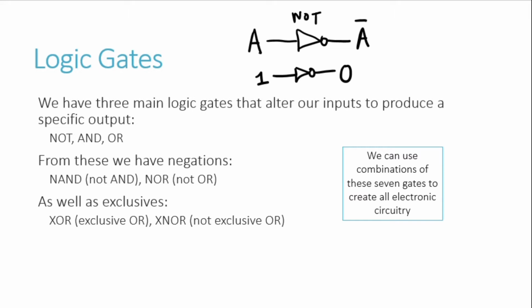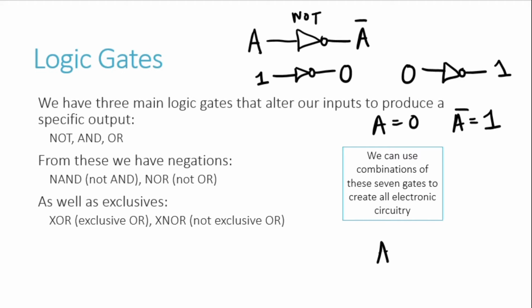And if my input was a 0, my output is a 1. So if A equals 0, you know that not A must be 1. Likewise, if A equals 1, then not A must equal 0.